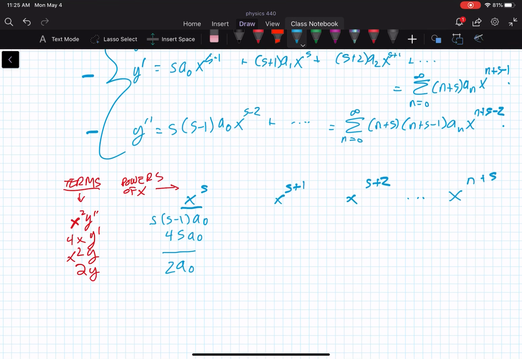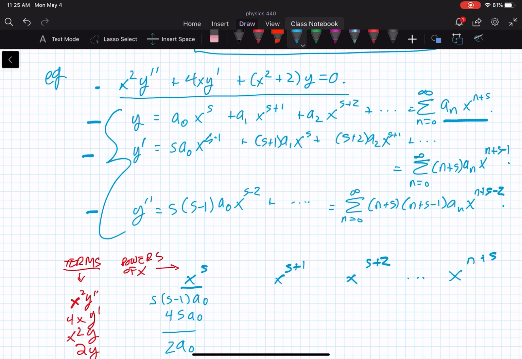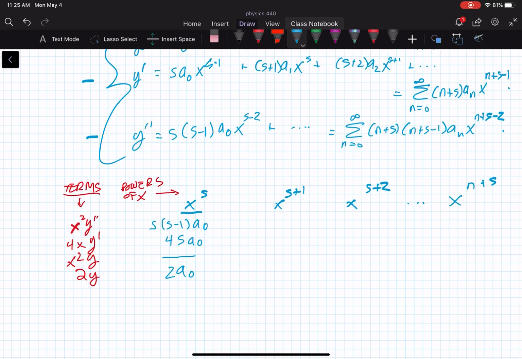In other words, when we start doing the sums for this equation up here, x to the s has this set of coefficients. x to the s plus 1 has s plus 1 times s times a1, 4 times s plus 1 times a1, again nothing here, and then 2a1.